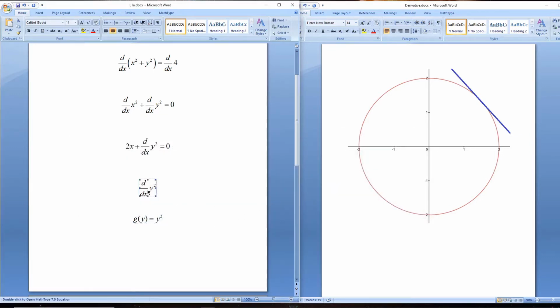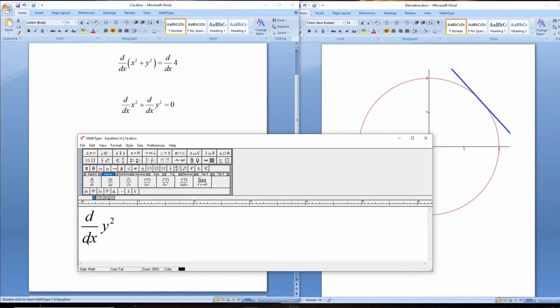And now what's the big problem here? Well, the big problem here is that the derivative operator is saying take the derivative with respect to x. And that's never been a problem before because all our functions have been a function of this variable. But now we have a y here. And so these letters are different. We have an x and we have a y, which indicate these are two different variables.